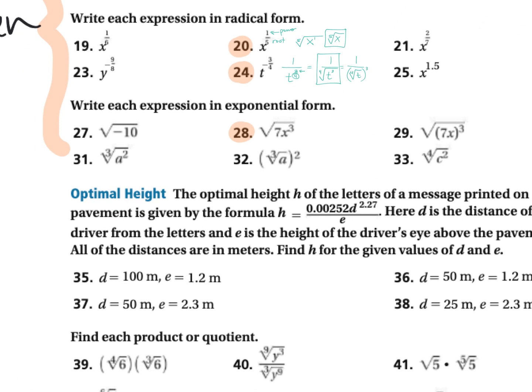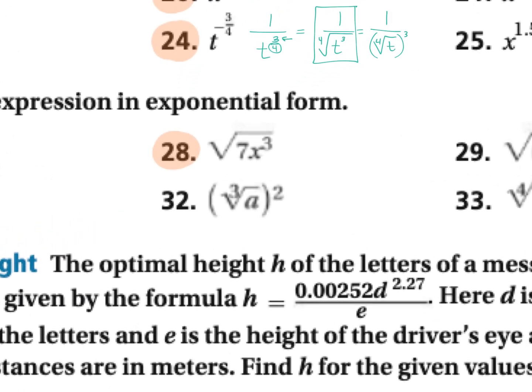Okay, number 28. It says write each expression in exponential form. So now it's the radical, and we're trying to turn it into the exponent. This one, it's a square root, right? And there's 2 pieces here. We want to simplify both and put them both into exponential form. So a square root, remember, whenever it's a square root, it's a 1/2 power.